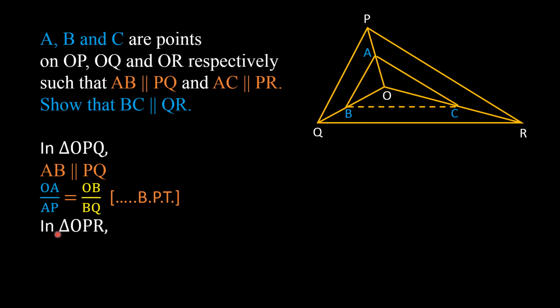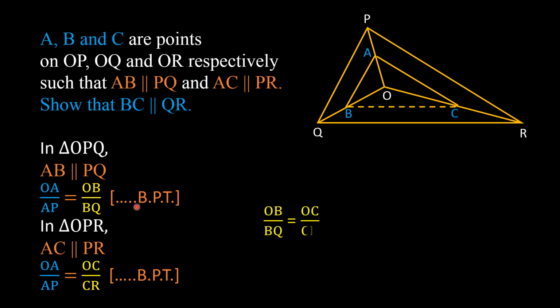Next, in triangle OPR, AC is parallel to PR. So here also we can apply the basic proportionality theorem and write OA divided by AP equals OC divided by CR.